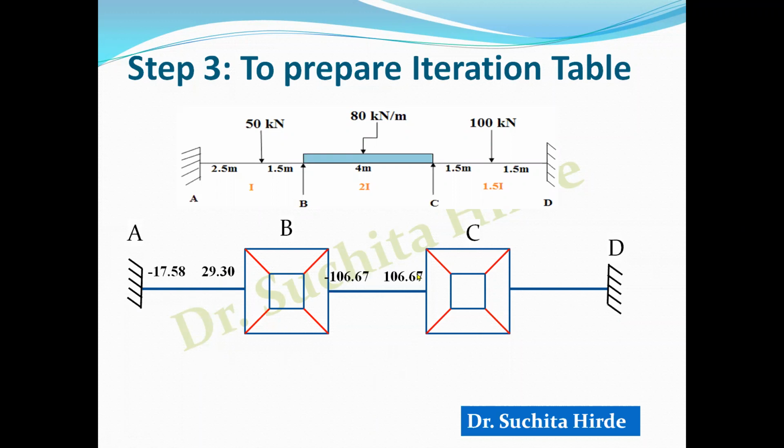Then for BC also we will write fixed end moment, and for CD also we will write the fixed end moment. After writing the fixed end moment, you take the sum of fixed end moment and write in this table. So if you add these two, you will get 77.37 negative. If you add these two, you will get 69.17.